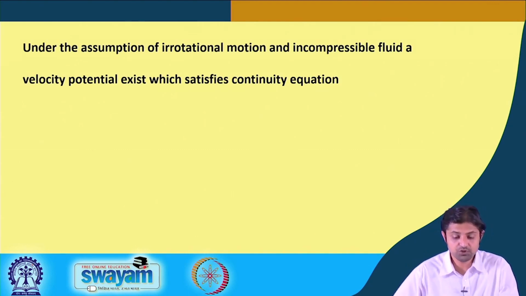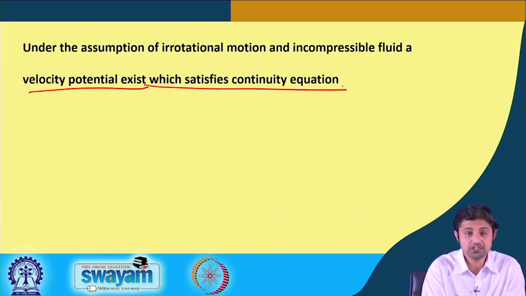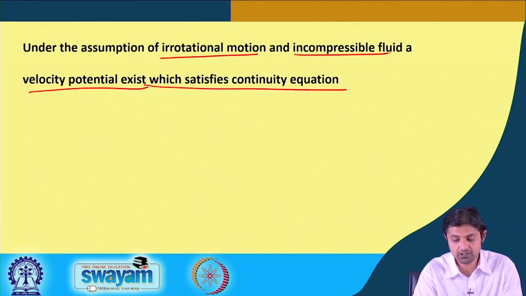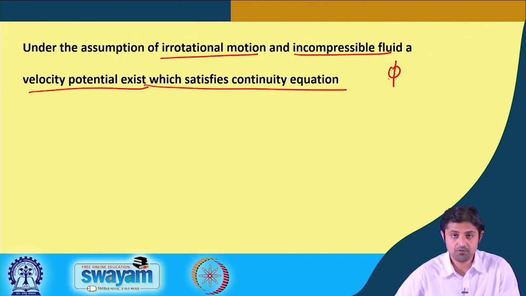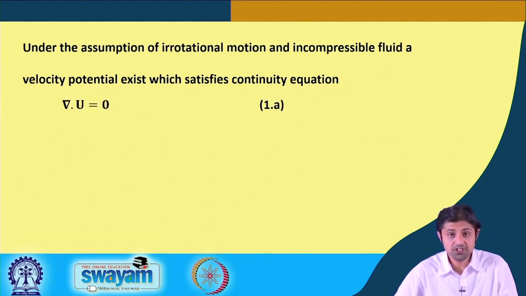Now, under the assumption of irrotational motion and an incompressible fluid, as learnt in our viscous fluid flow class and the basics of fluid mechanics, kinematics, there will exist a velocity potential which should satisfy the continuity equation. So what are the assumptions? Irrotational motion and incompressible fluid, there exists a velocity potential phi from our basic fluid mechanics classes. That means del dot u is equal to 0. Let us call this equation 1.a.